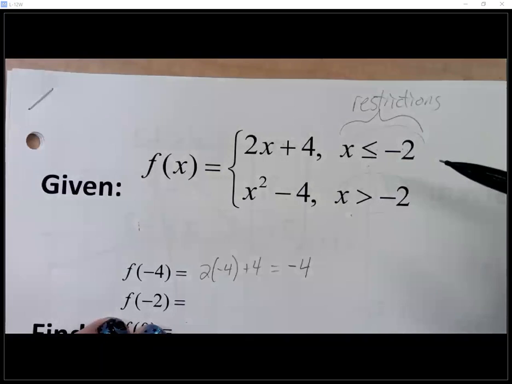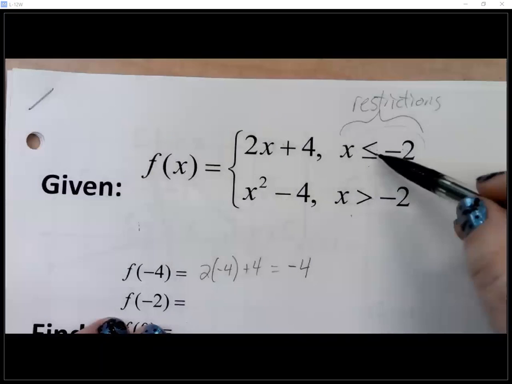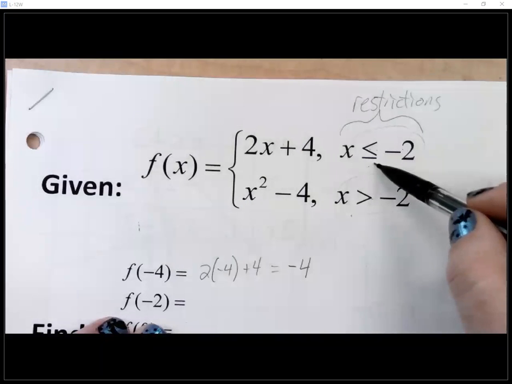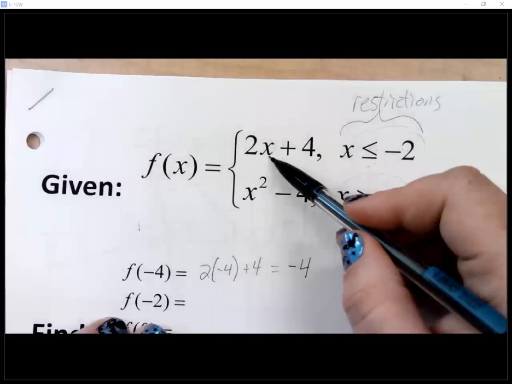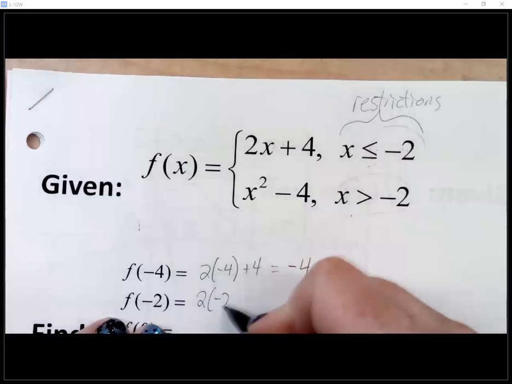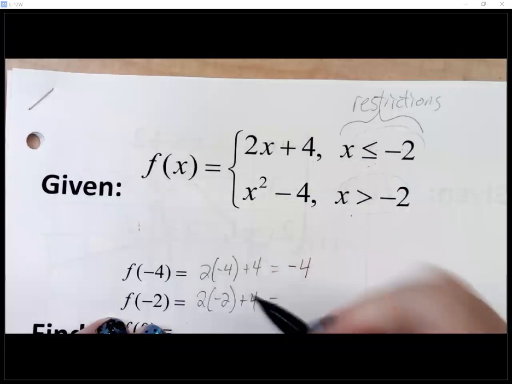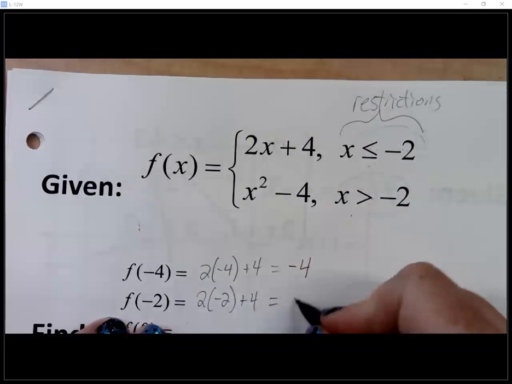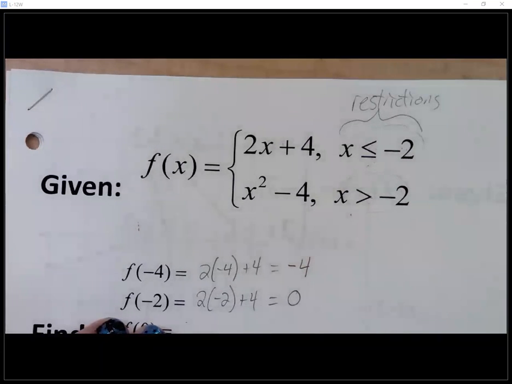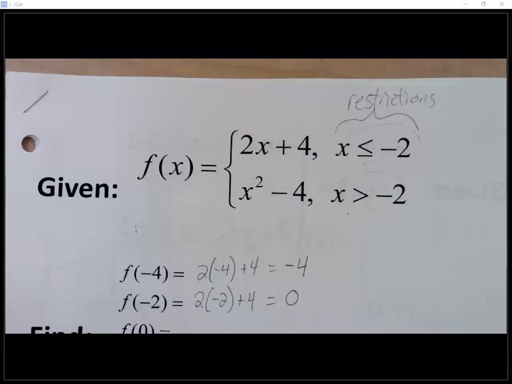Now -2 itself. Does that work in the top or the bottom? The top. -2 is less than or equal to -2. So I plug in -2 right here: 2 times -2 plus 4, and I evaluate like I normally would. That ends up being 0. Now I ask you f of 0.